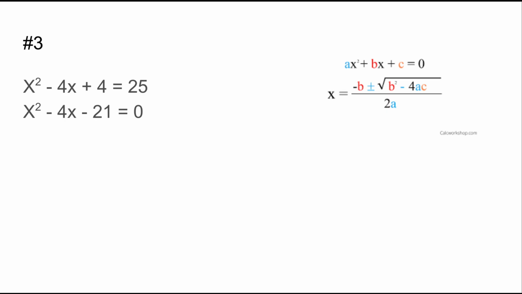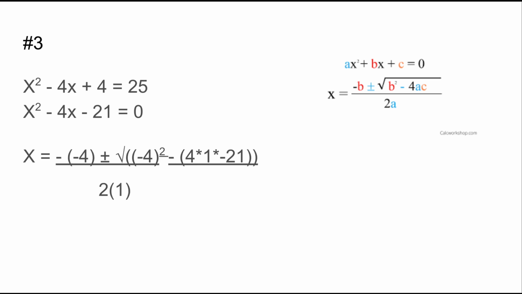And now we have an A, a B, and a C. Now the tricky thing about number 3 is the last time we had a positive B, and this time we have a negative B. We have a negative 4. So watch what we're going to do when we plug it in.